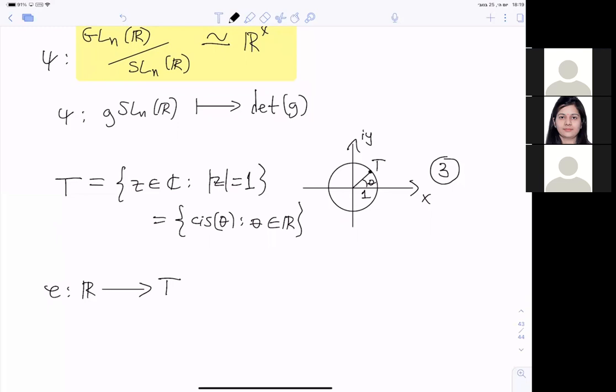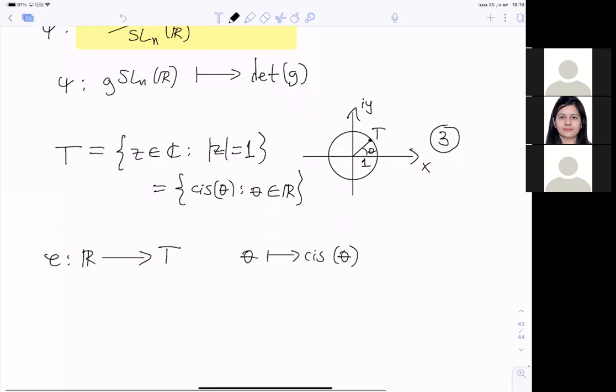It takes any theta to cis theta. And I'm asking you, what is the kernel? First, of course, it is a homomorphism. Why is it a homomorphism?